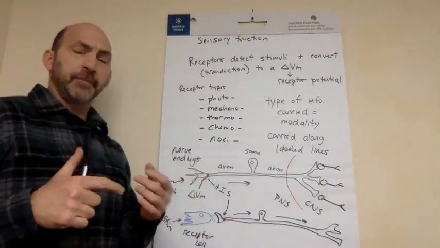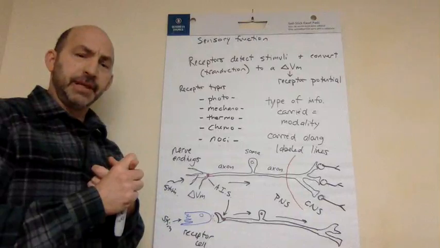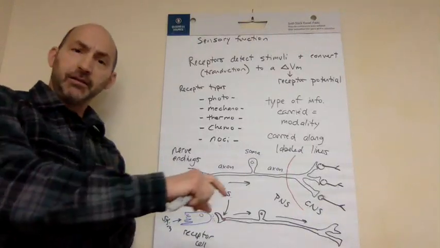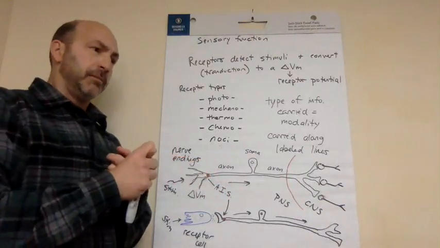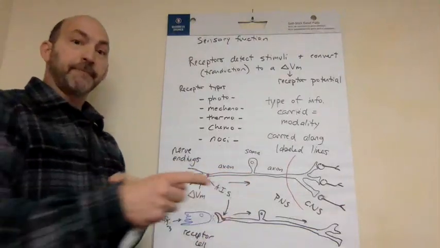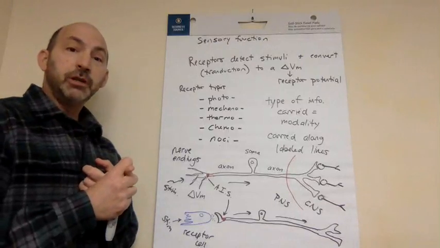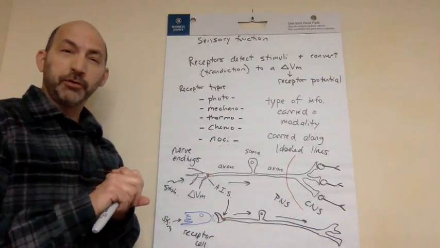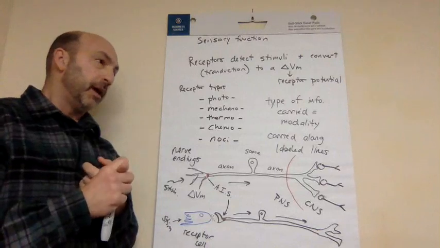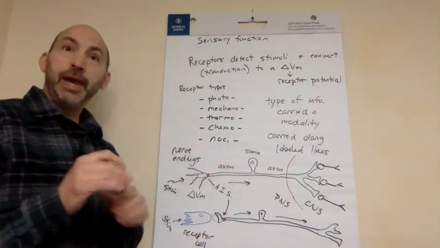In the somatic sensory category, we want to put tactile skin receptors, temperature, pressure, pain, and joint position. That's called proprioception.